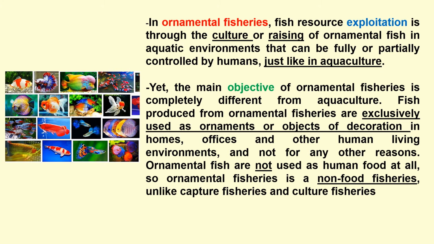Fish produced from ornamental fisheries are exclusively used as ornaments or objects of decoration in homes, in offices, and other human living environments, and not for other reasons, specifically not for food, right? Not for human consumption at all. So ornamental fisheries is a non-food type of fisheries, unlike capture fisheries and different from culture fisheries.